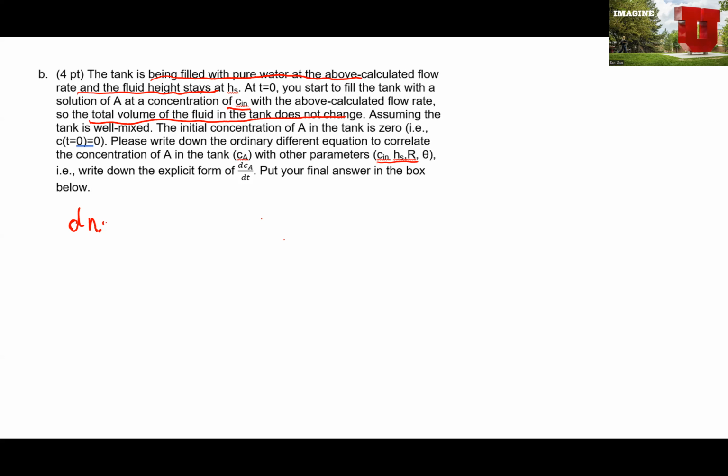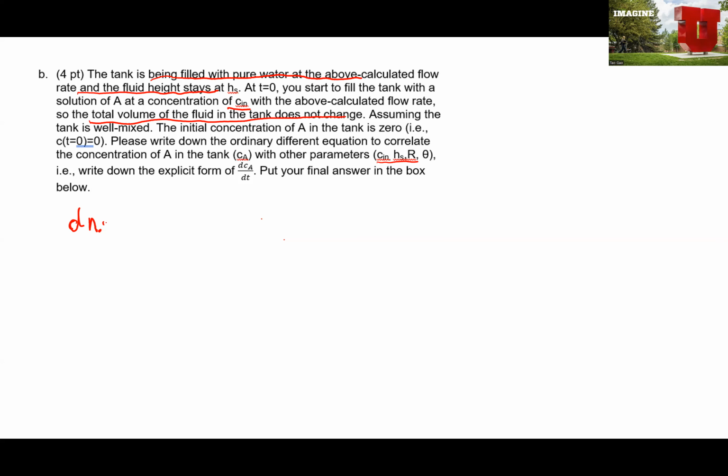Now, say Na equals Ca multiplied by V, right? Then dNA/dt is this term, d(Ca V)/dt. And because this is a product, we can break it down into two components.